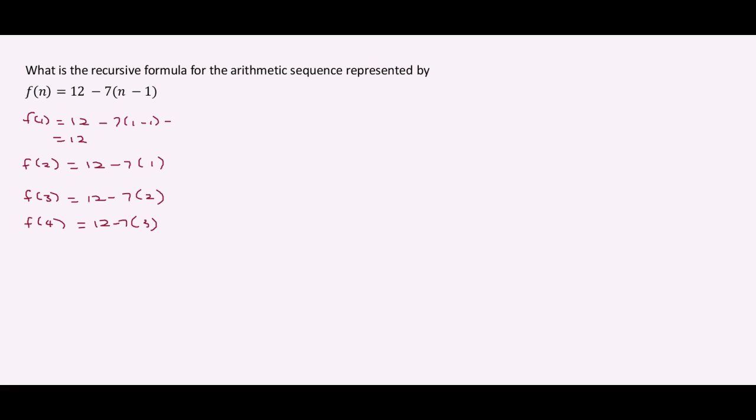So we have 12 here, we have 5 here, we have 12 minus 14, which is negative 2, and then here we have 12 minus 21, which is negative 9. So here's what we have for our sequence. We have 12, 5, negative 2, negative 9, and we continue infinitely.